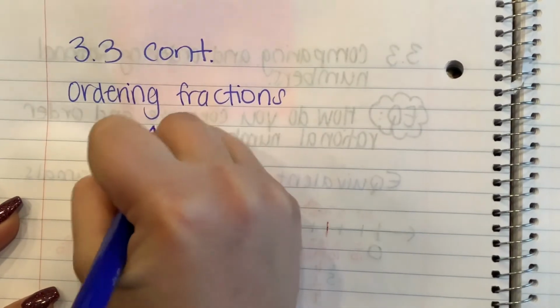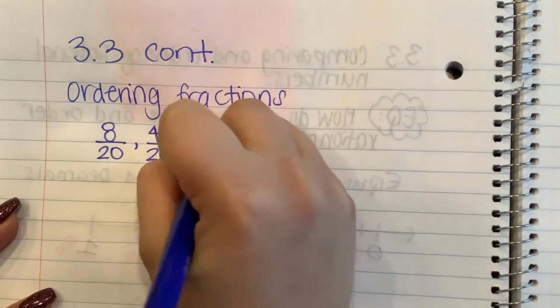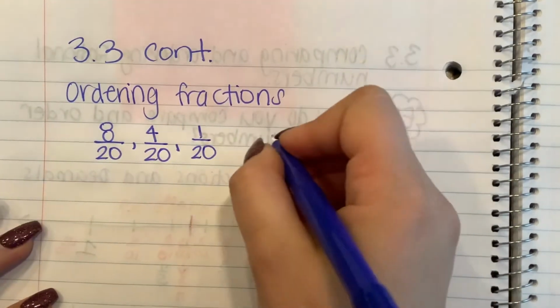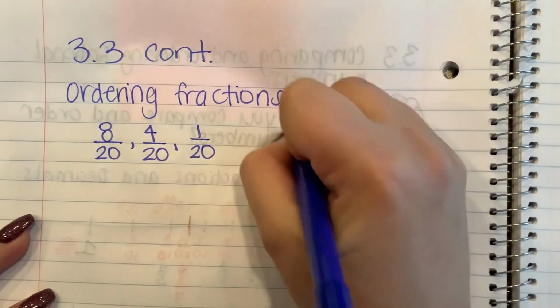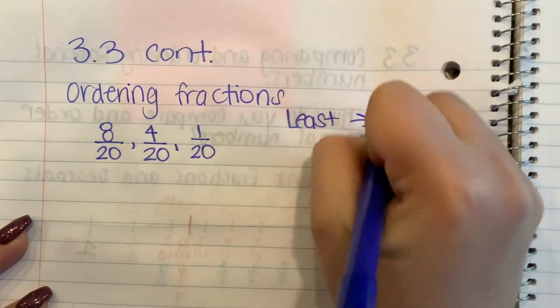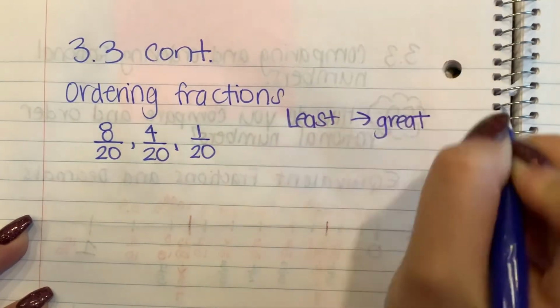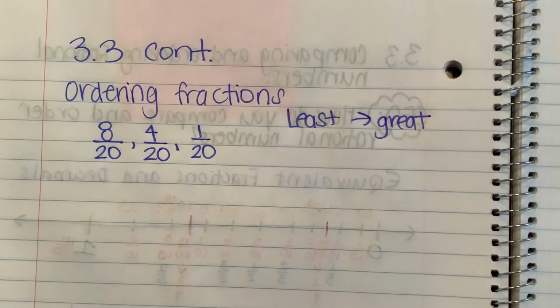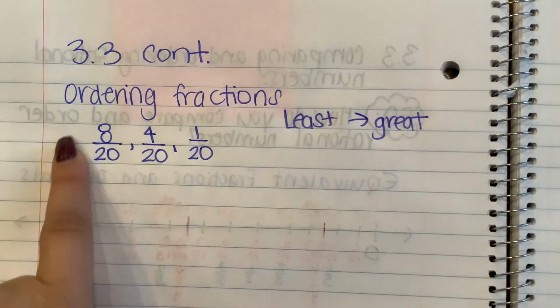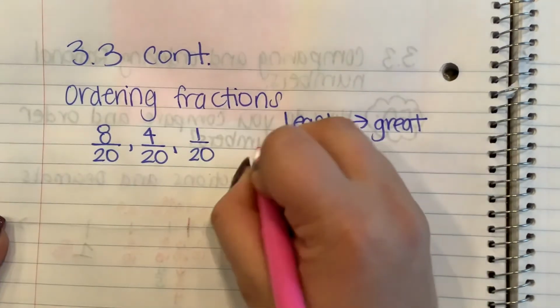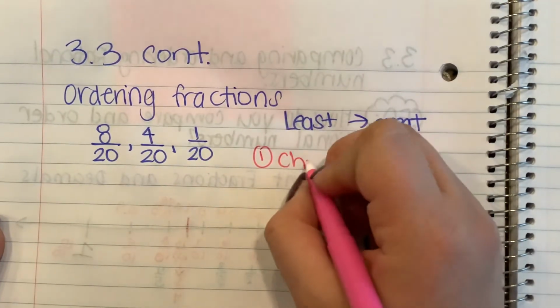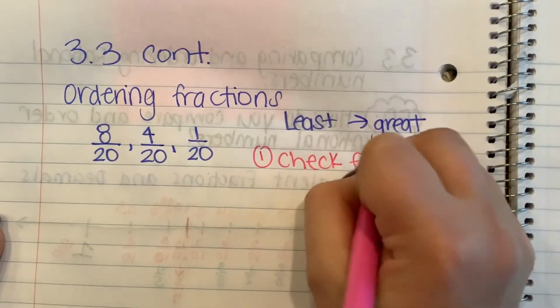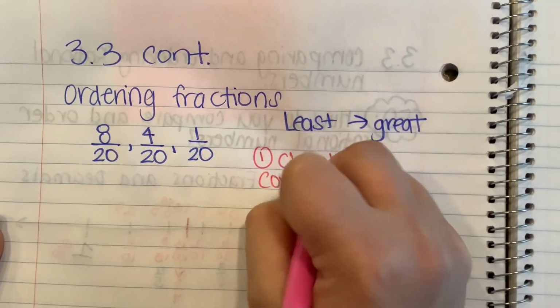8/20, 4/20, and 1/20. And we need to go least to greatest. So because all of these numbers have the same denominator, I can just look straight at the numerator. So step 1 is to check for common denominator.